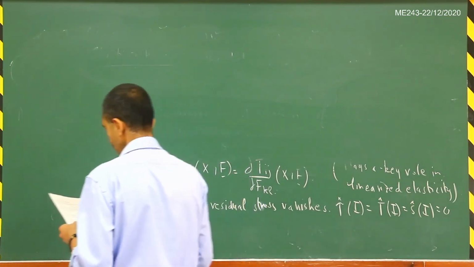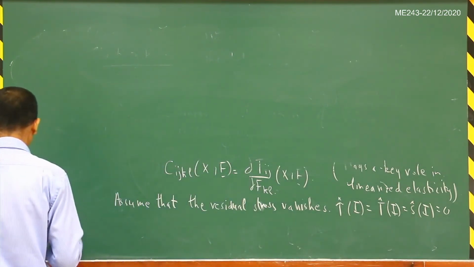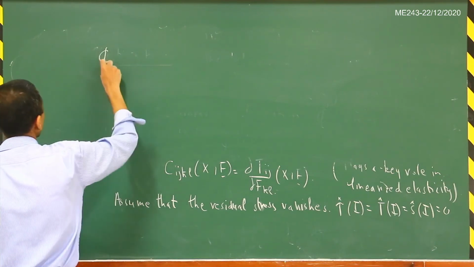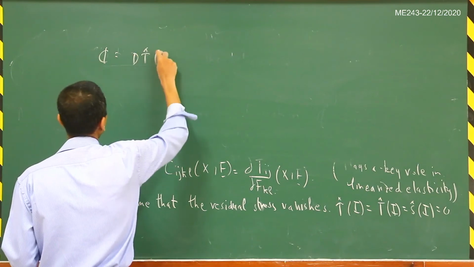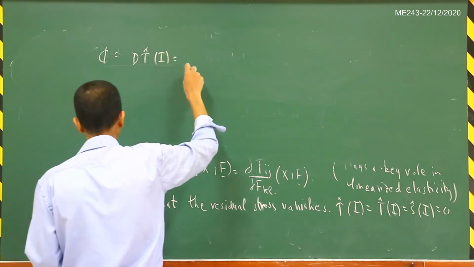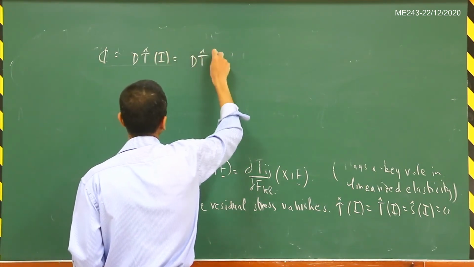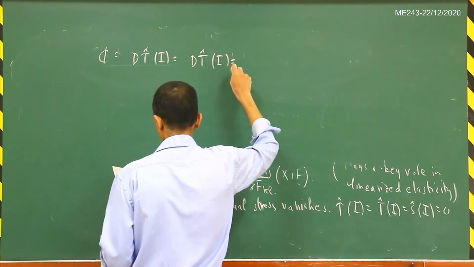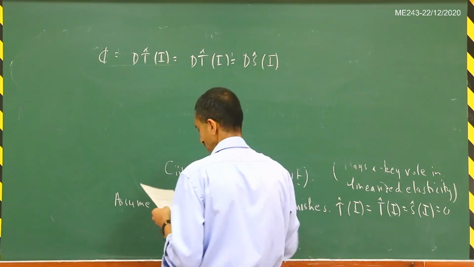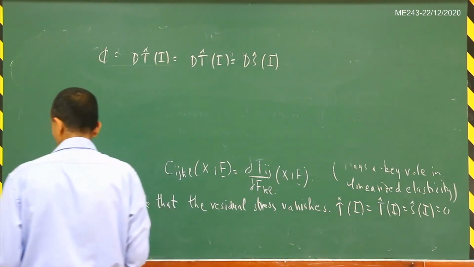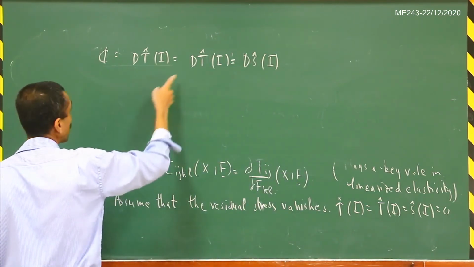C is equal to D of tau hat of I, which is also equal to D of T hat of I, which is equal to D of S hat of I. So let us prove this.